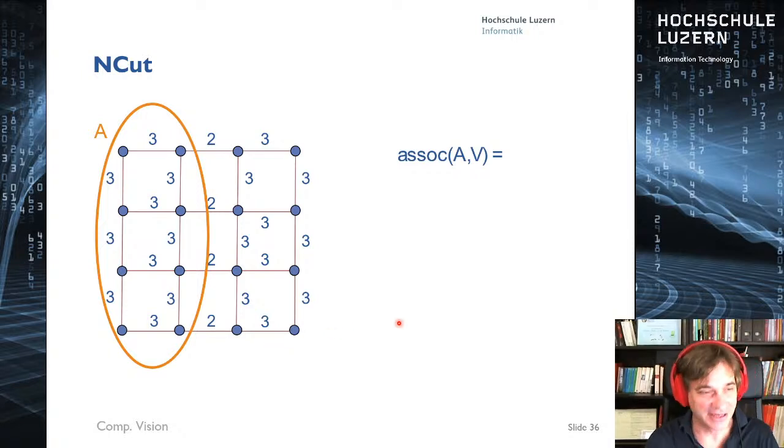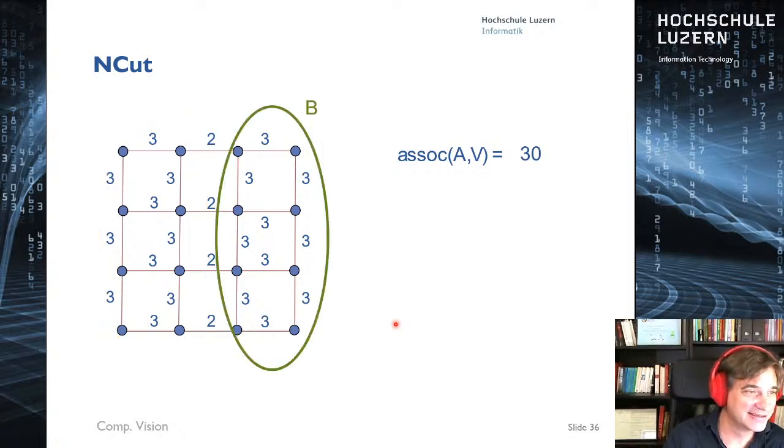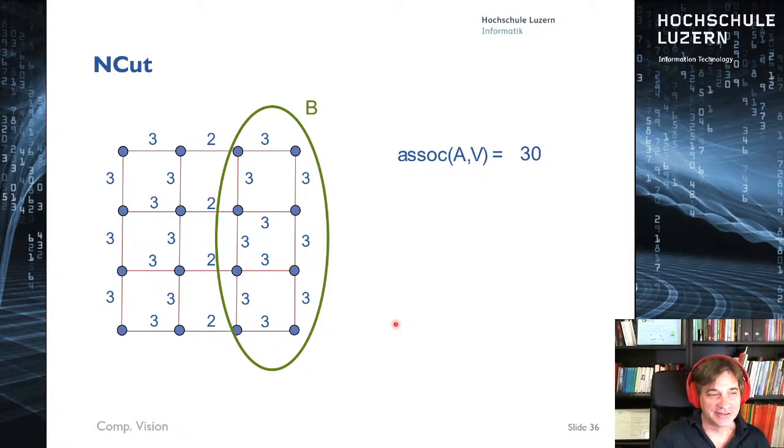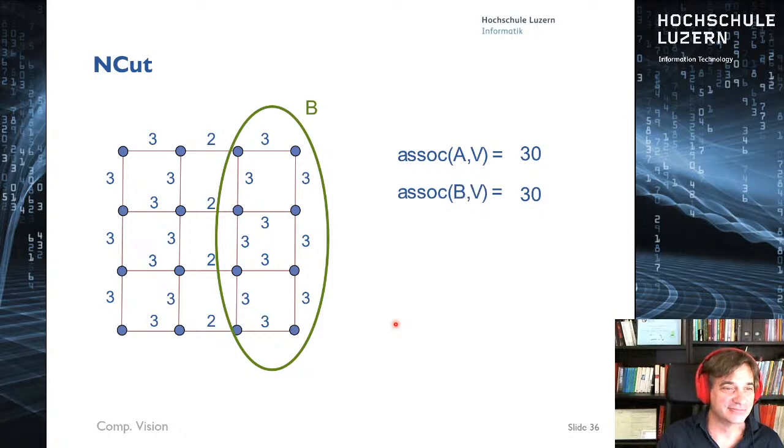So the correct value is actually 38. And I put 30 here, I will correct it in a moment. So it should be 38. Then same for the other one, which is symmetrical, so we'll have the same value, also 38.